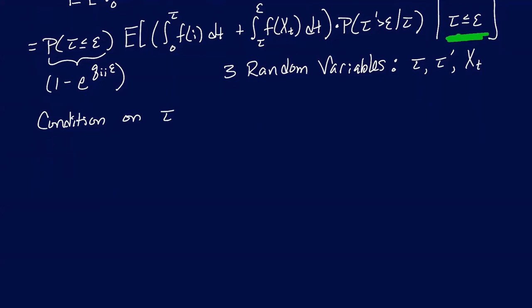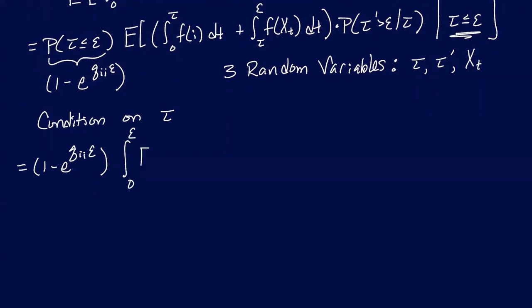I'm going to multiply by the distribution we found in part B, which is the conditional distribution. So let's go. I have 1 minus e to the qii epsilon. Now I'm going to integrate over the conditional PDF for tau over its entire space. Its space is 0 to epsilon in this conditional land.